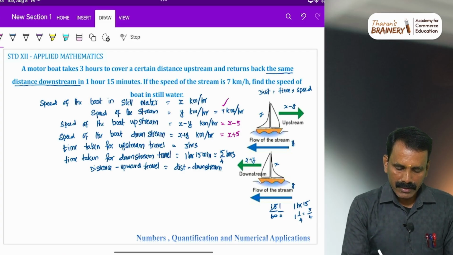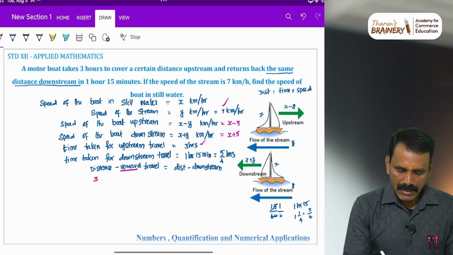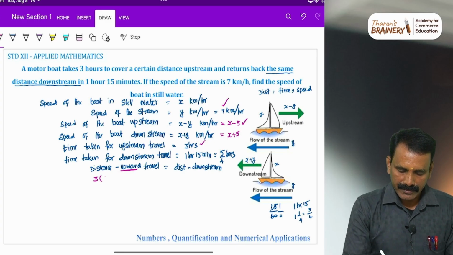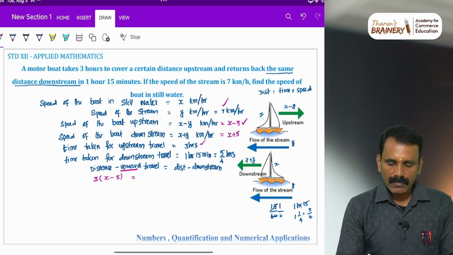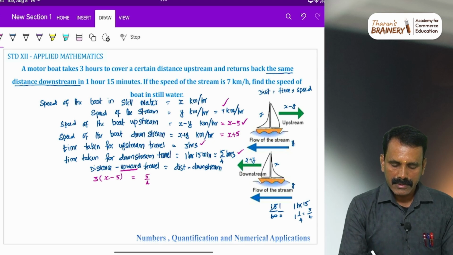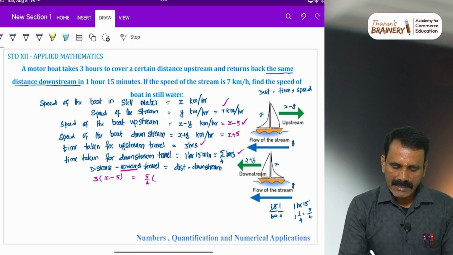For upstream, the time taken is 3 hours, so it is 3 into the upstream speed, x minus 5, which is equal to, for downstream, the time taken of 5 by 4 hours multiplied with the downstream speed, x plus 5.